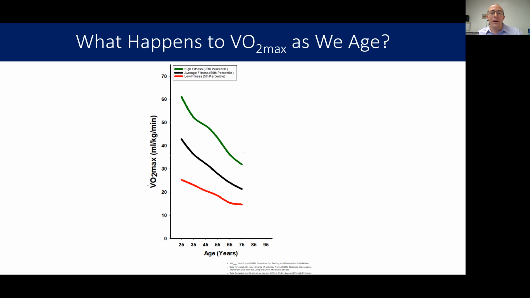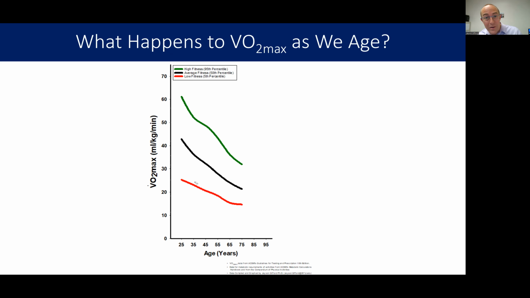But if you are super sedentary at 25, your VO2 max is already pretty low. Now, check this out. This very sedentary, low fitness 25-year-old has the same VO2 max as your average 65-year-old. That's no good.